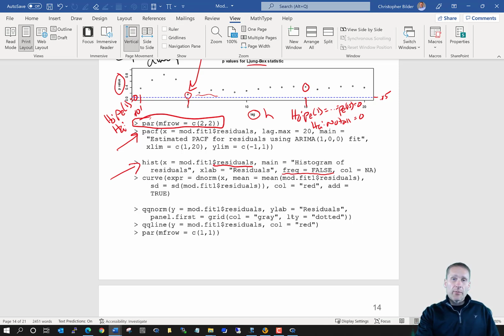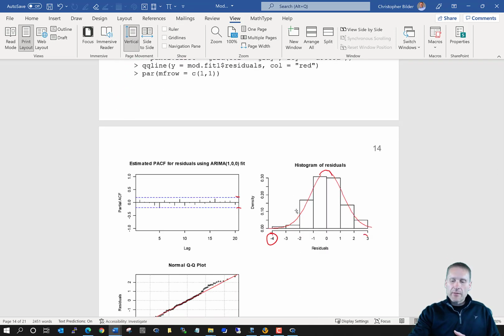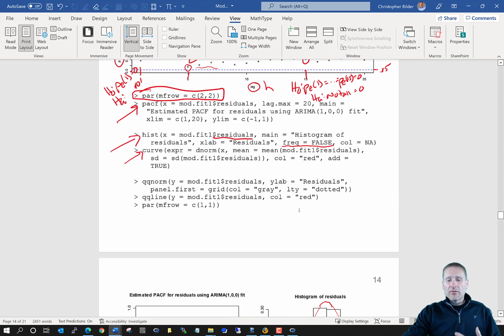Now to plot the corresponding normal distribution on it, I use the curve function. What curve is going to do is, on the plot itself, see where the minimum and the maximum are. It's going to find by default 101 equally spaced values between that x-axis minimum and maximum, and plug those in for x, where for my expr argument, which stands for expression, I'm going to plot the density of the normal distribution.